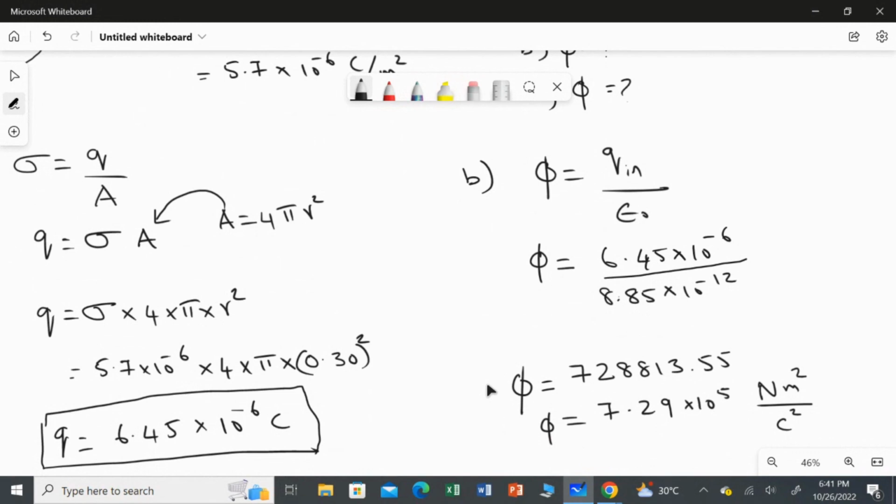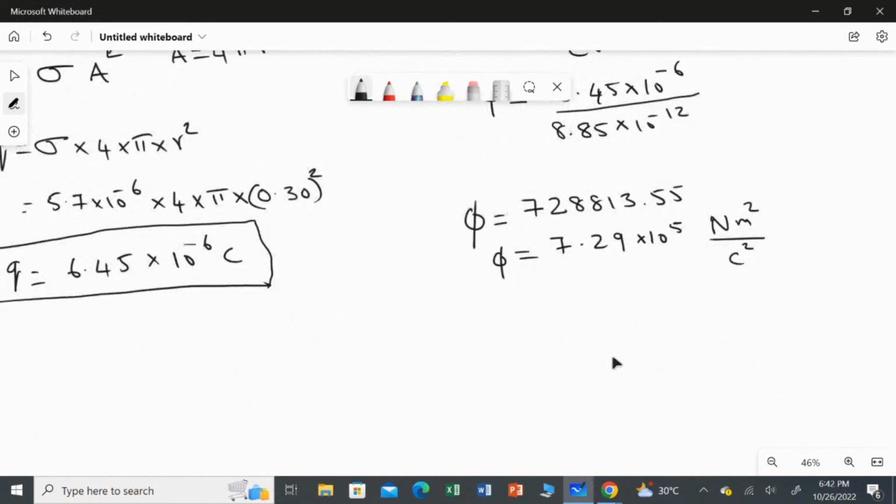Whether the radius is increased or decreased, it doesn't matter. So even if the radius is changed, the flux will be the same value, because the charge enclosed in the sphere gives the same flux. Whether the radius changes or not, the flux for the third part is exactly the same.